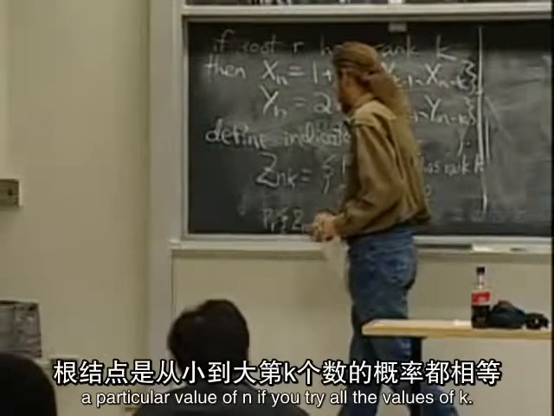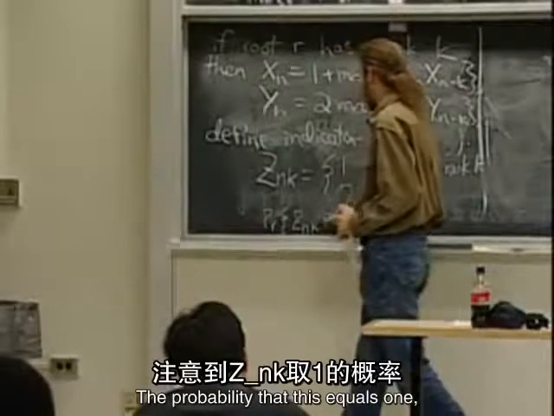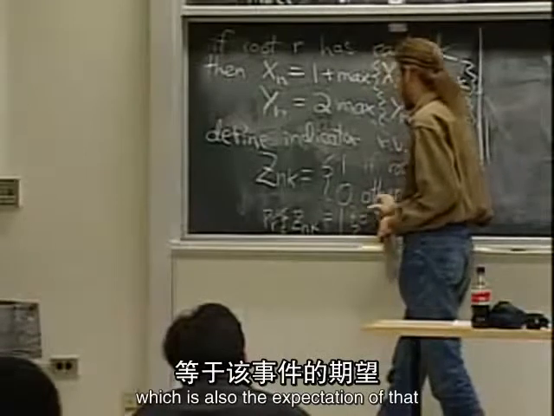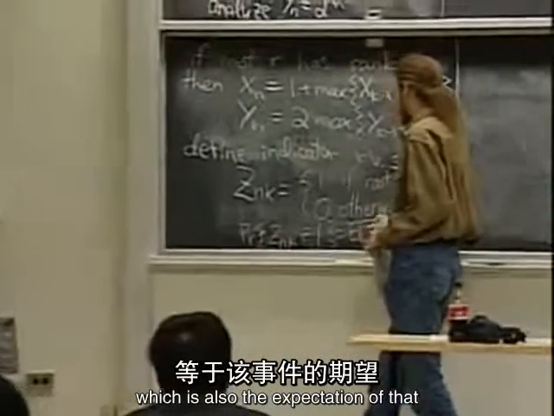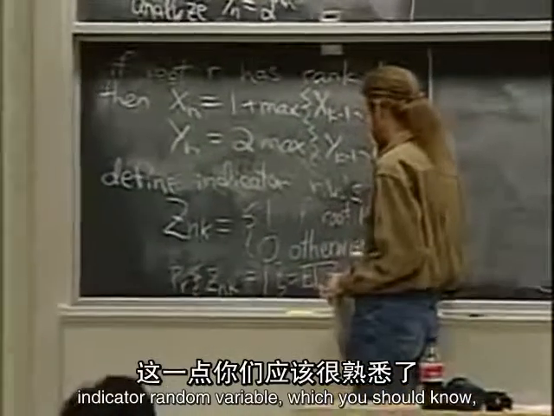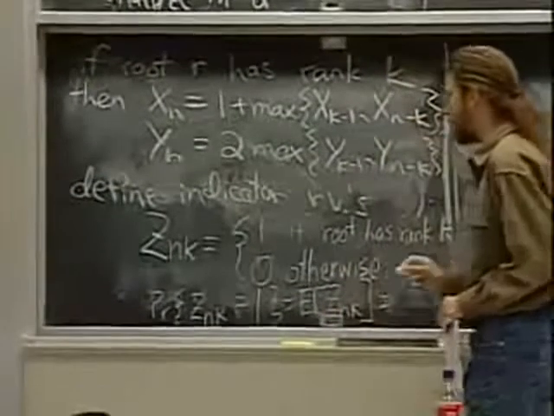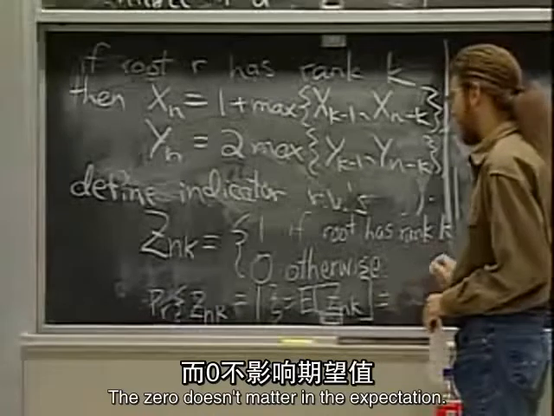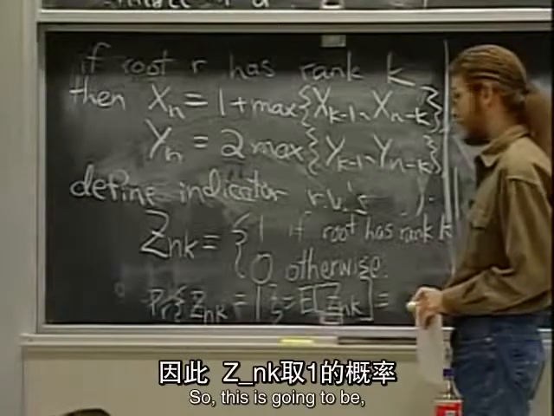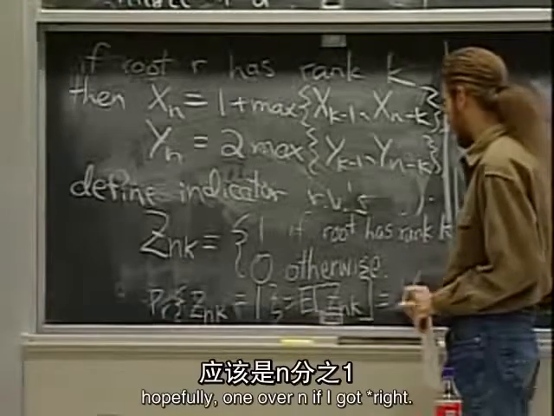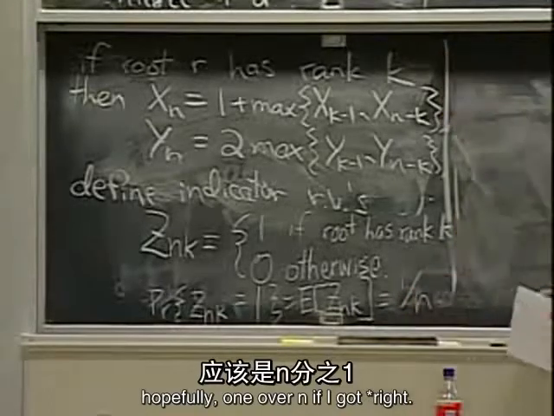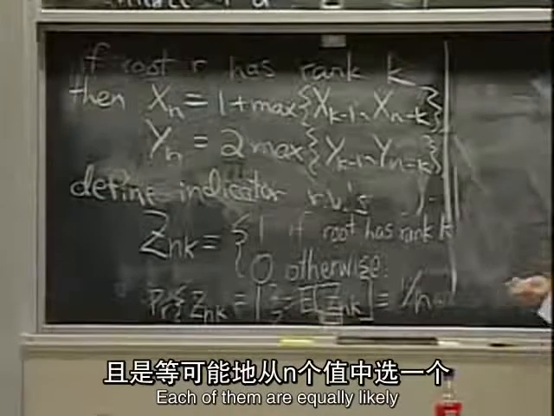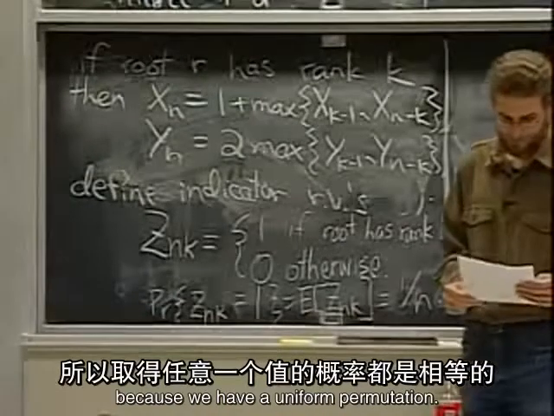For a particular value of n, if you try all the values of k, the probability that this equals 1, which is also the expectation of that indicator random variable, because it only takes values 1 or 0 and the 0 doesn't matter in the expectation, is hopefully 1 over n. There are n possibilities for the rank of the root, each equally likely because we have a uniform permutation.